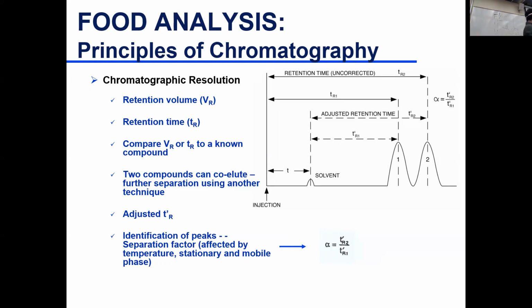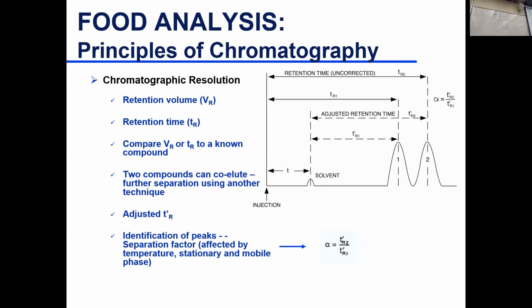You can use retention time and flow rate to calculate retention volume. Oftentimes what we look at is retention time, which is the time it took for a compound to leave the column and reach the detector. So that is retention time.